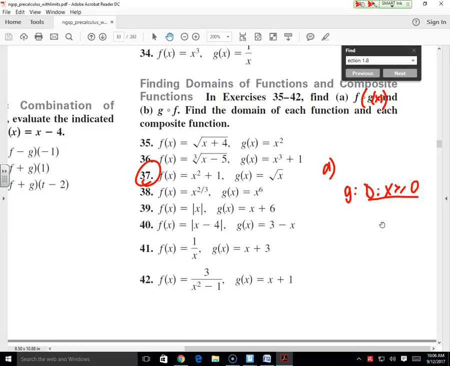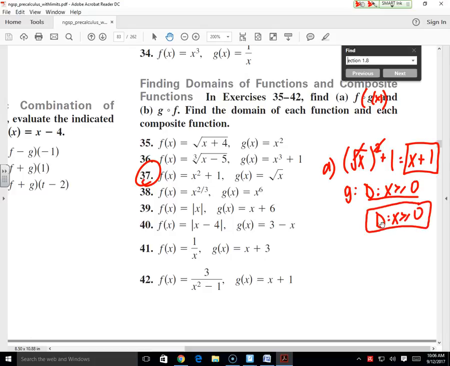What happens after G gets plugged in? Remember, use F's formula. Take G and put it in that input spot. What happens with the square root squared? X plus 1 is F of G, but what is my domain going to be? X is greater than or equal to 0 because X had to work in G before G ever got put into F.